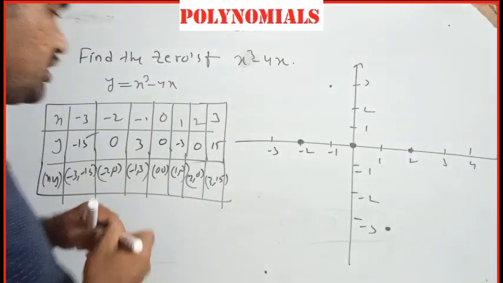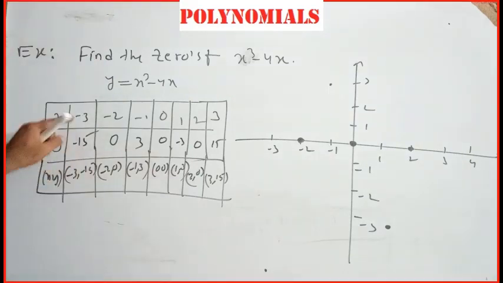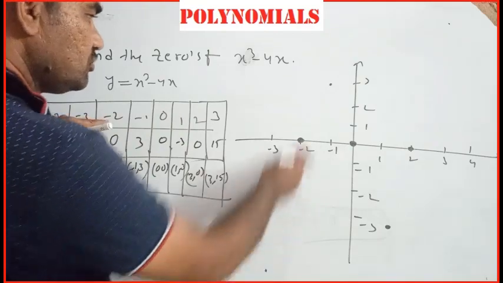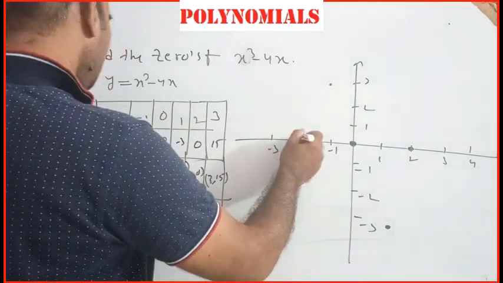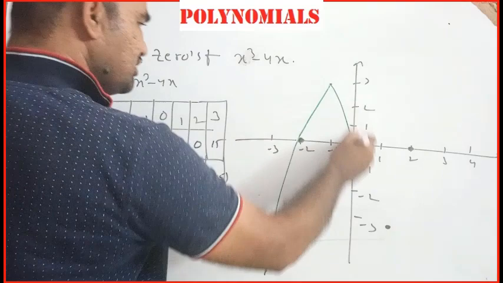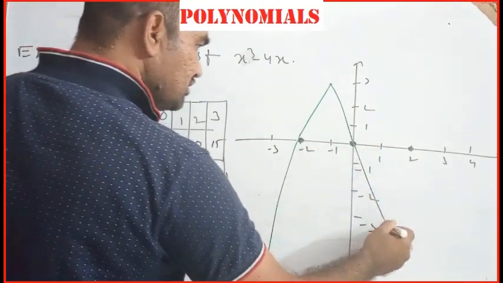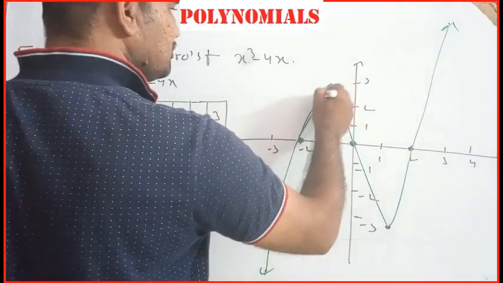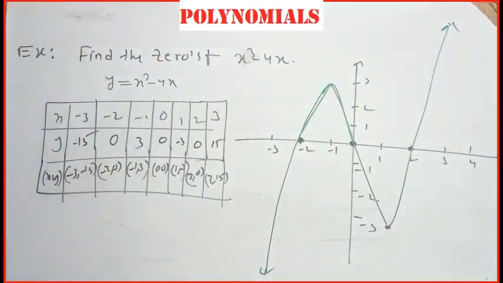Okay, observe here. Values of x are taken from minus 3 to 3. Minus 3 here, minus 2. We need to join like this. After that this, after that this, this, and this. So this is a rough sketch of x cube minus 4x equal to y.